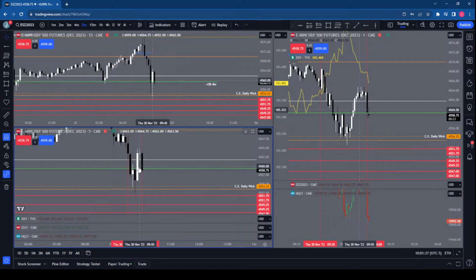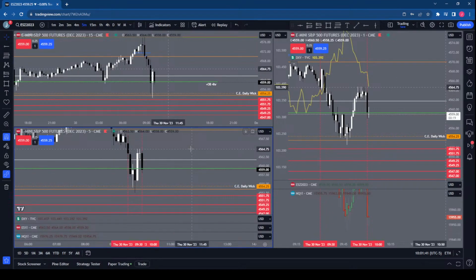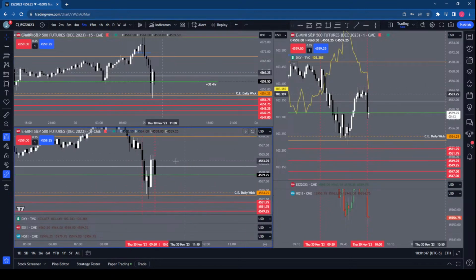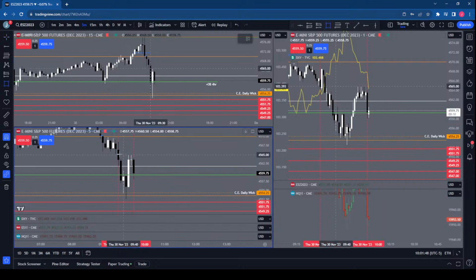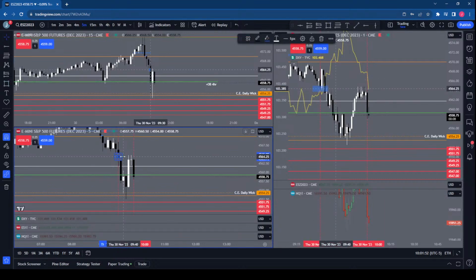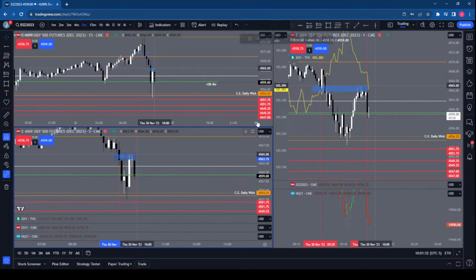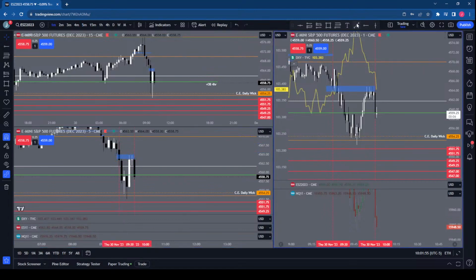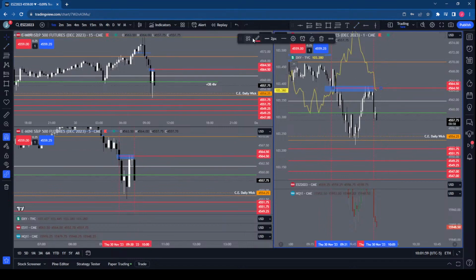We have this 5-minute fair value gap that we're in. We have this 5-minute fair value gap here that lined up with this 1-minute order block.